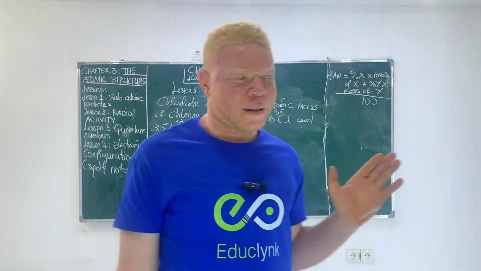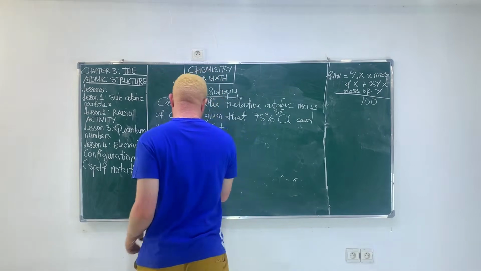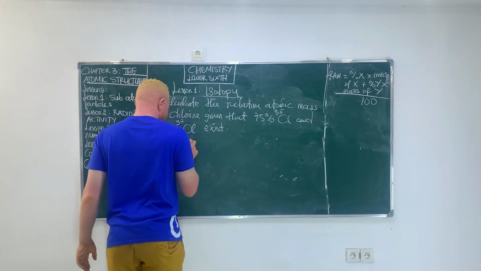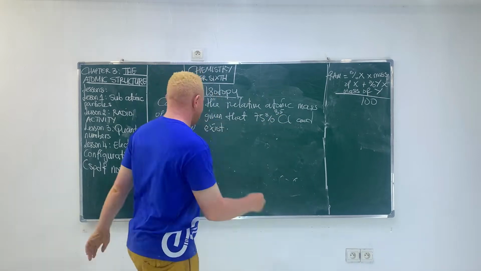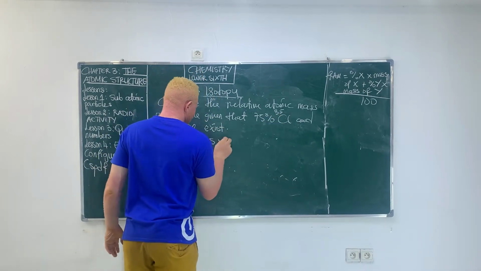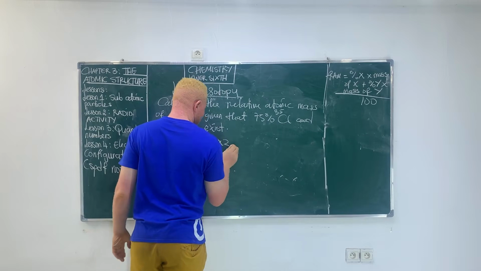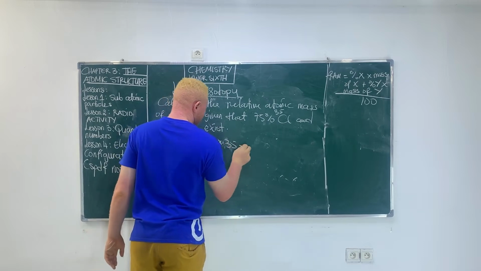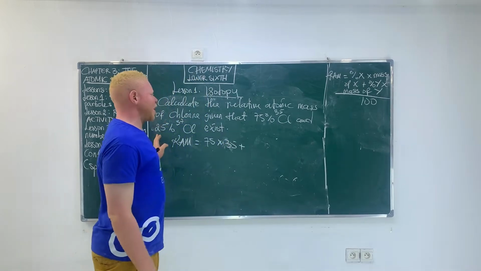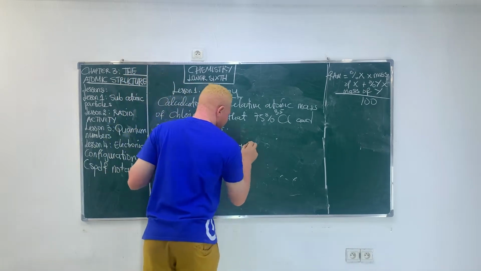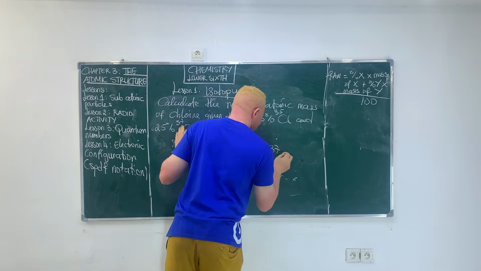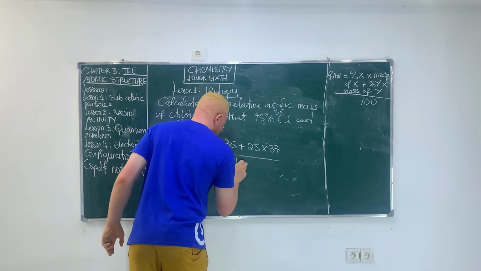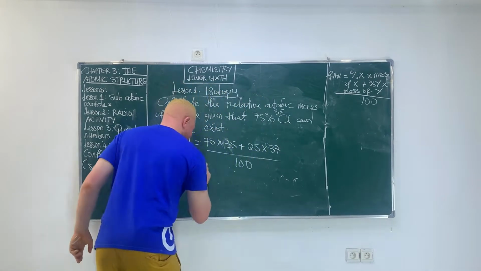We can use a formula. So the RAM is equal to the percentage for chlorine 35, which is 75%, times the mass, which is 35, plus the percentage of this one, which is 25, times the mass, 37, divided by the sum of percentages, which is 100.